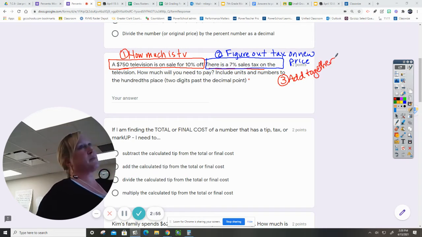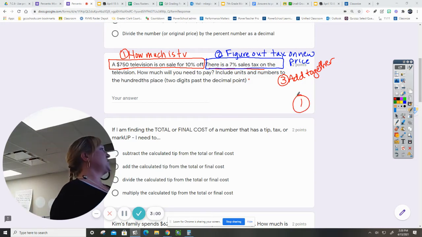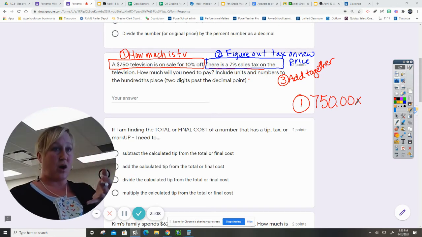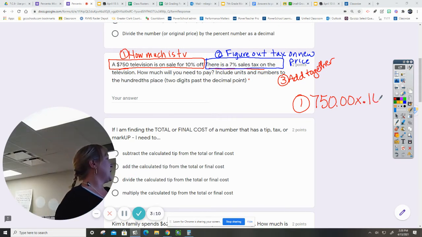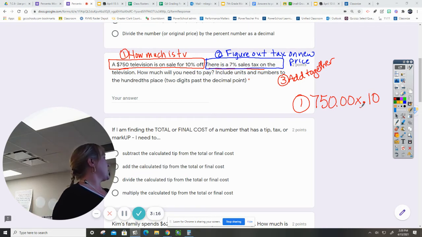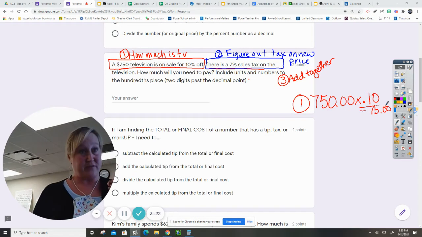So let's start with number 1. How much is the TV? I'm going to do the $750 times the percent off, which is 0.10. 750 times 0.10 will be $75. Now that $75 is not how much the television is.